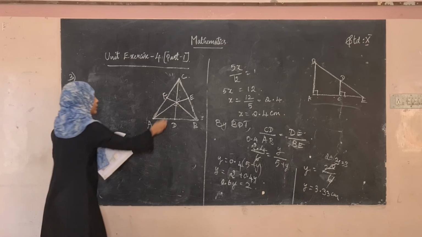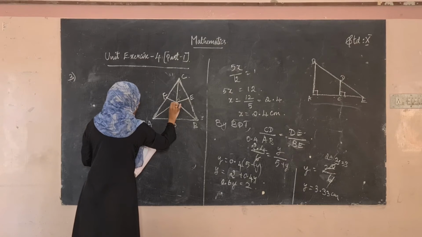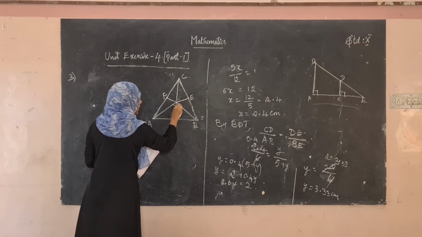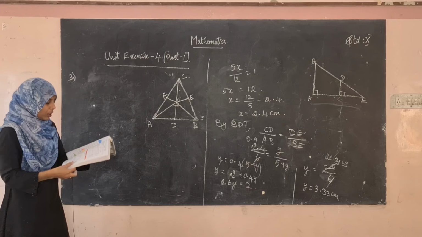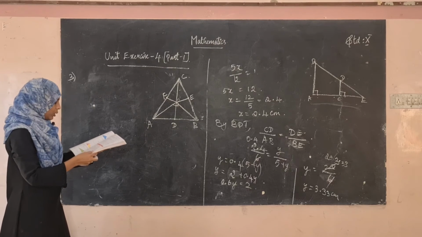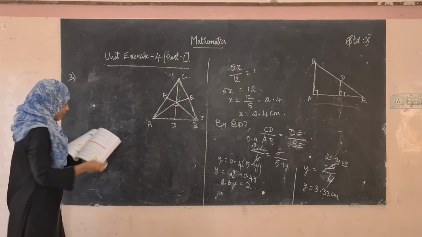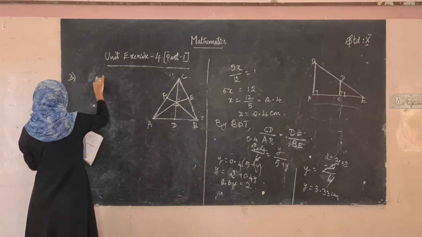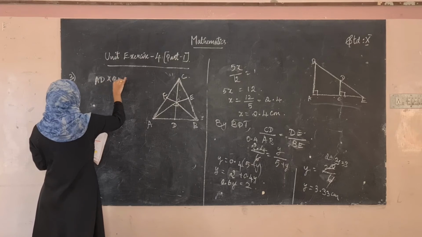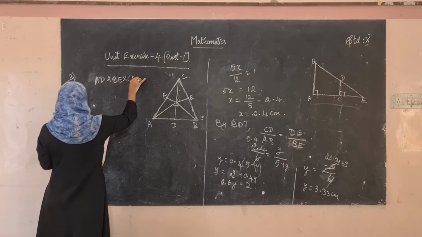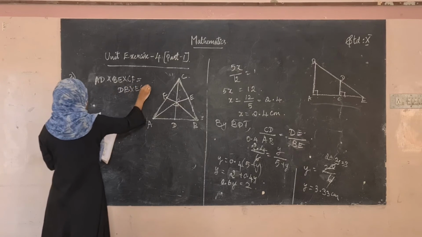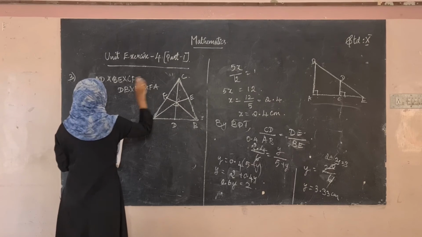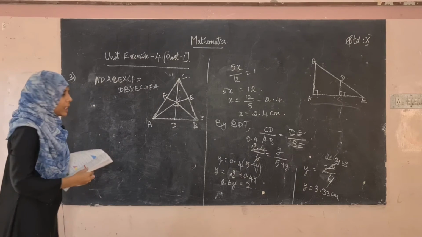Bisector means this line divides this angle into two equal angles. That is the meaning of bisector. So using that we have to show our condition. The condition is AD into BE into CF is equal to DB into EC into FA. Okay, we have to prove this condition.